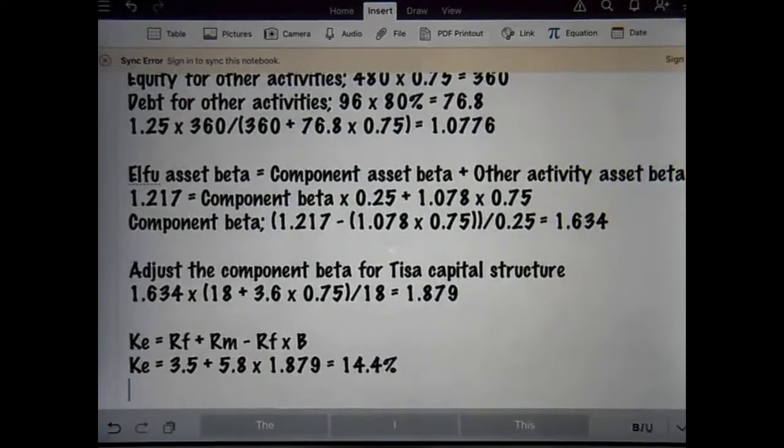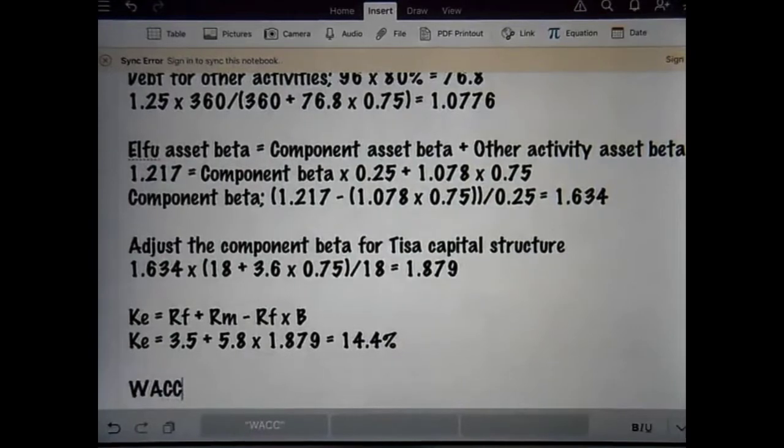Okay, are we clear, sir? Got it? So once you got that, can you calculate WACC?